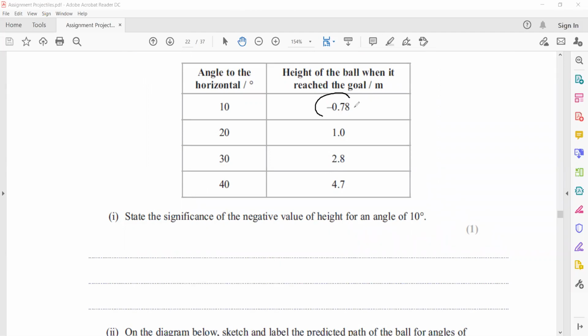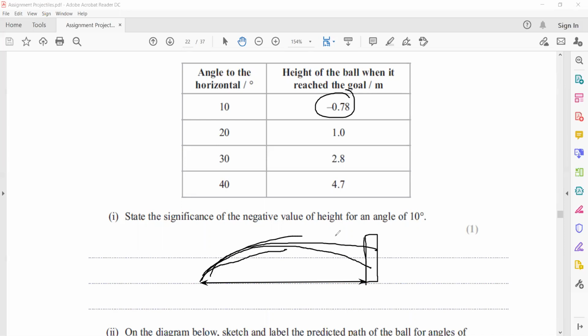So for example, if I say a goal is 5 meters away, and this is the goal post, the height of the ball when it reaches the goal is, say, 1 meter above the ground, then 2.8 meters, 4.7 meters, or 0.78 meters.